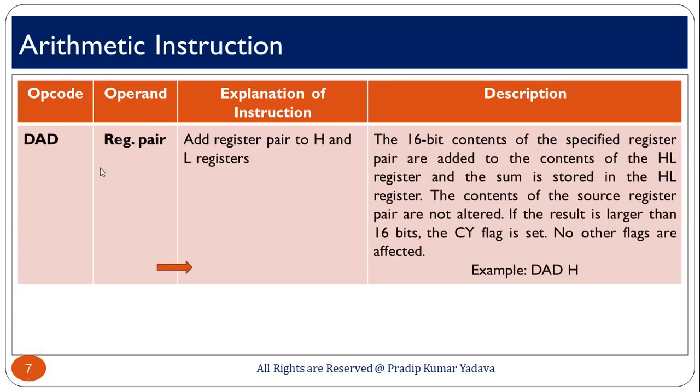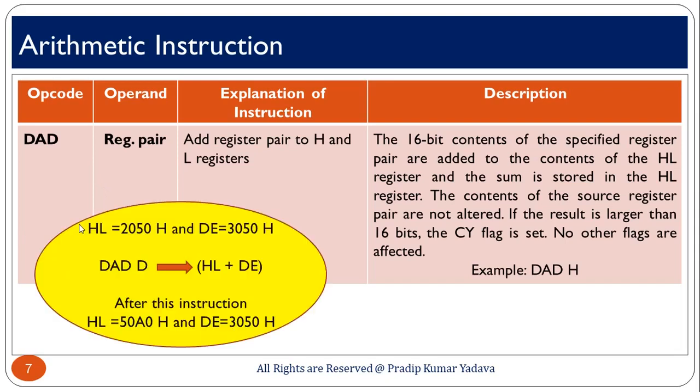Now, DAD. Basically DAD is used to add a 16-bit register pair. This instruction is used to add 16-bit data. I think you can easily understand by taking an example.